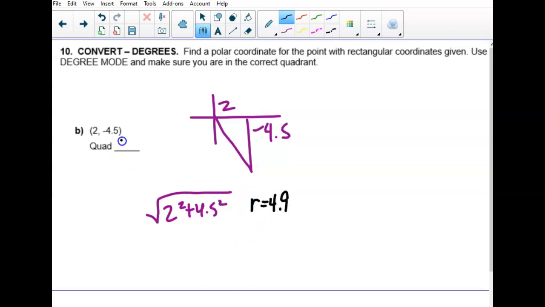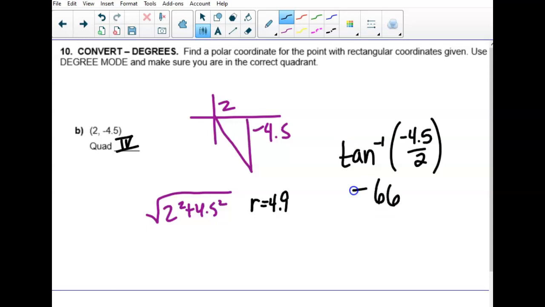And it is in quadrant 4. So when we do inverse tangent of y over x, it's negative 66 degrees.